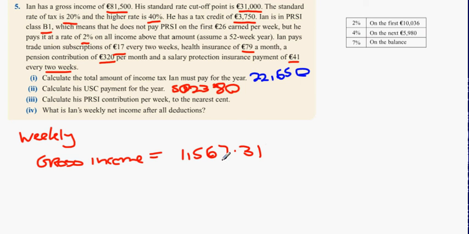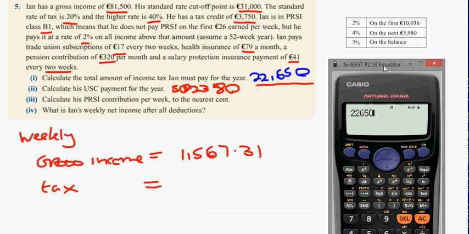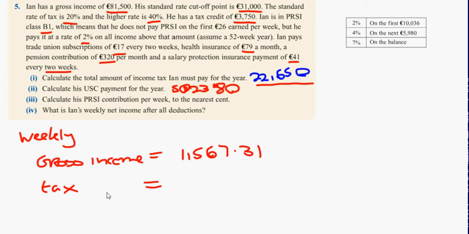Okay, and then it's going to be tax. Now your tax is 22,650, but we have to spread that out over 52. Oh wait, sorry, I haven't done his PRSI yet. So his PRSI, he's class B1, so we take away 26 from this number.